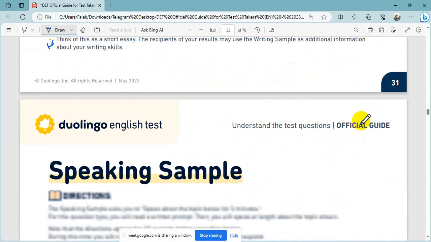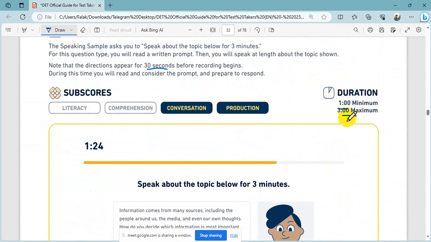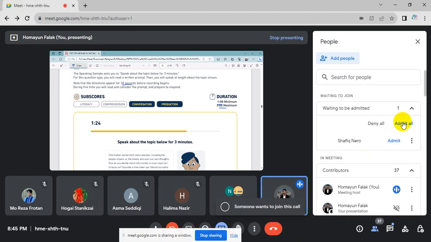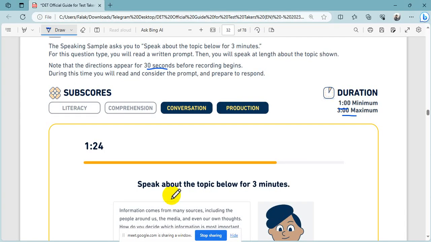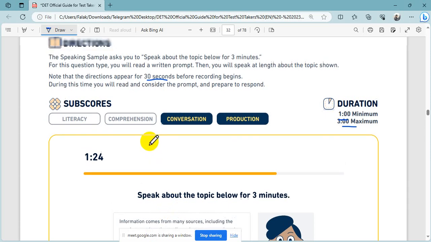You have a maximum of 3 minutes, so I suggest all of you to talk for 3 minutes. 3 minutes is not a very big deal. It's really good to talk, because if your grammar is good, if your vocabulary is good, if your ability to use English is good, the more you speak, the more your score will increase.